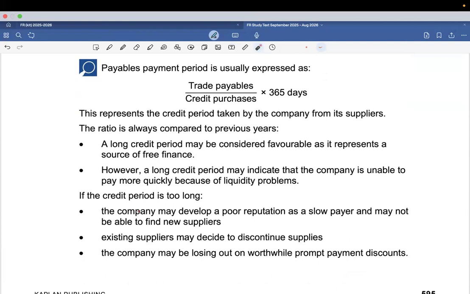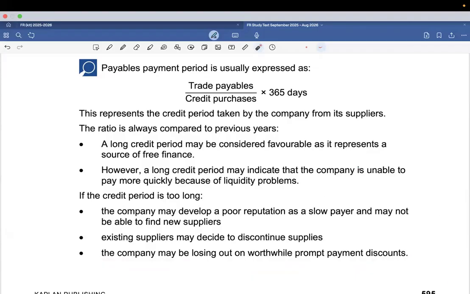Now, if the existing suppliers are not happy with our payment frequency, they might discontinue giving us the goods. And also, as I said, there could be much higher discounts when we pay early, so when we hold out, we might lose those discounts.